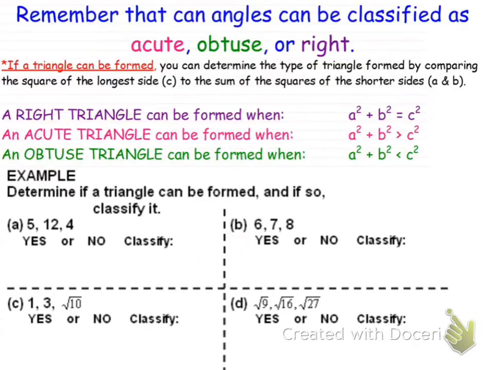Okay, we're just going to do 2 more slides and then we're done. And so what we're talking about here is how to classify triangles. You'll classify them as acute, obtuse, or right. But before we do that, I just need to remind you of a rule.